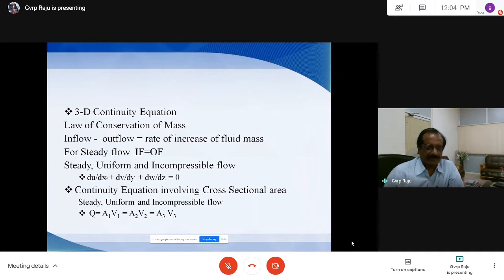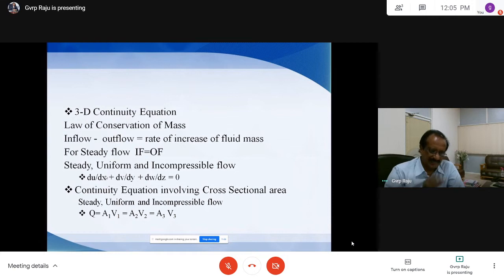Suppose you take a fixed region. Inflow means the rate at which the fluid mass enters the region, that is, mass per second entering the region. Outflow is the mass per second leaving the region.